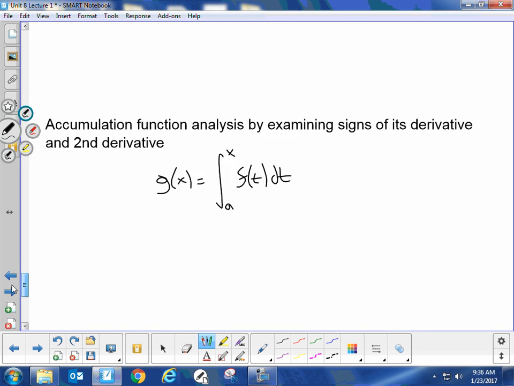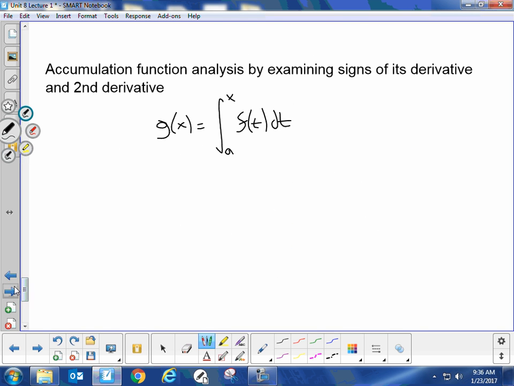Okay, we'll get to that. Here's the key. This table that I will create can be created for all of these questions when you're asked to do function analysis of G or of big F. We know the derivative of G is G prime. That's just going to be equal to F, which means the second derivative of G will equal the first derivative of f.